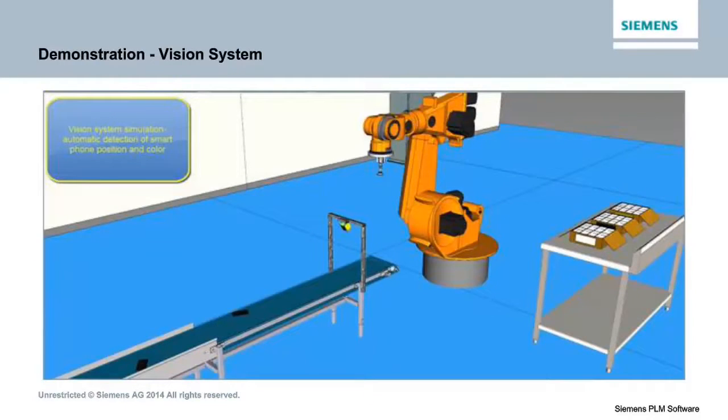Vision systems are being used widely in assembly lines. What I want to show you in the next movie is how we implemented the vision system in Process Simulate so that the robot can read the values of the vision system and calibrate itself with the actual location of the part during production.